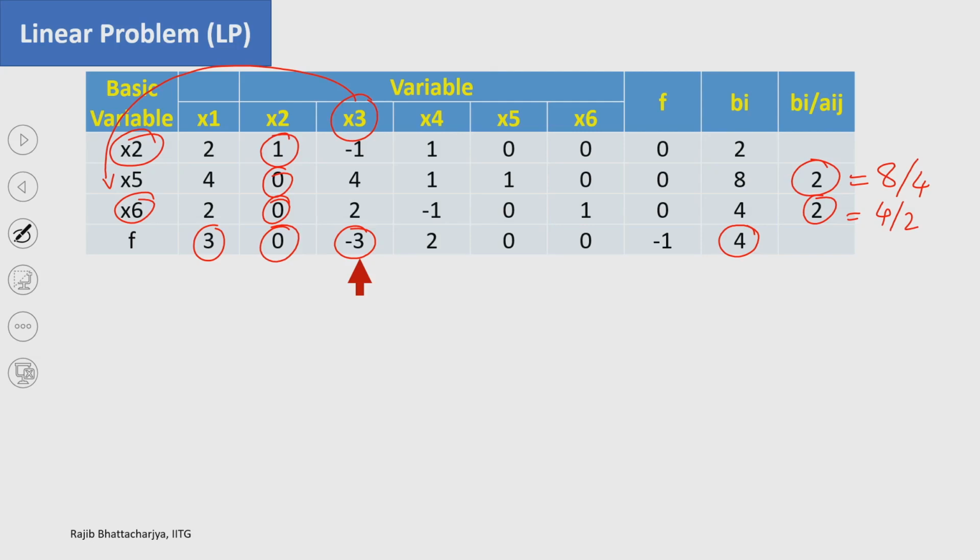So, let us take this one. In that case this will now be my pivoting element. If it is the pivoting element, then x5 will be replaced by x3. So, x3 will come into the basis and x5 will go out as a non-basic variable.